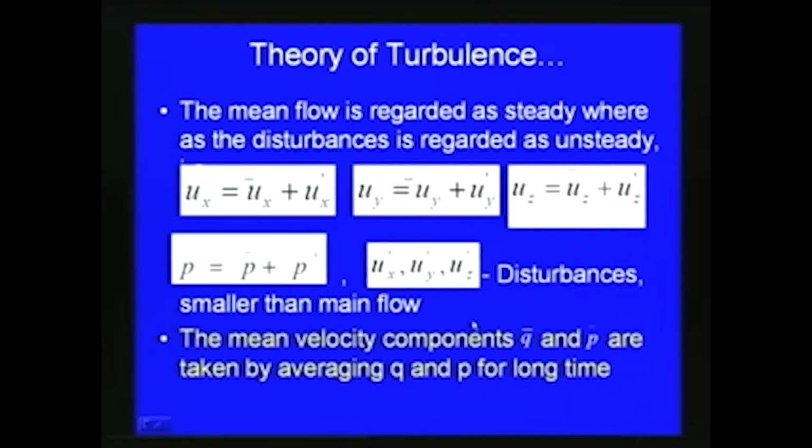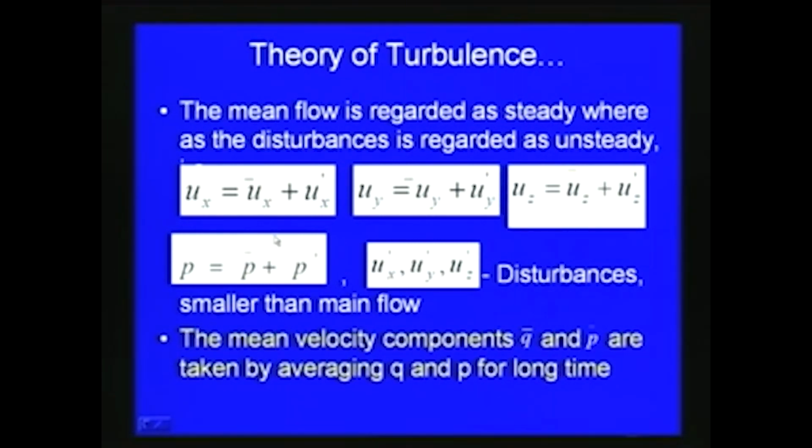So, the mean velocity components, if we consider them as q bar, and the fluctuations u x dash, u y dash, u z dash, and p bar is the mean pressure component, we can get these by averaging the velocities and pressure for a long time.